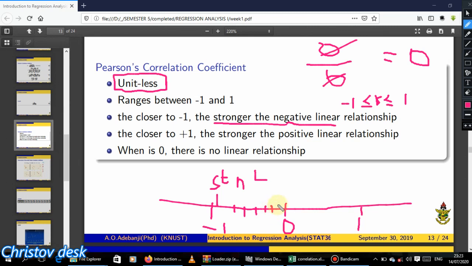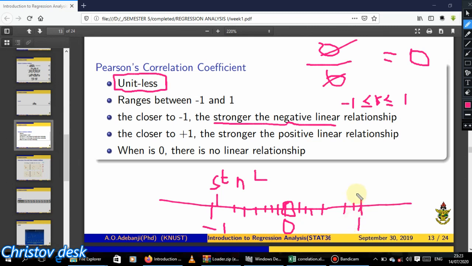The more you get close to 0, there is no correlation at all. When you begin to go beyond 0, moving towards 1, the correlation becomes strong positive the more you move. So when you are very close to 1, it's a very strong positive linear relationship.